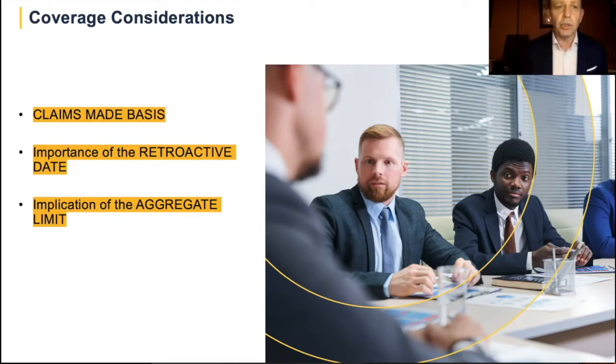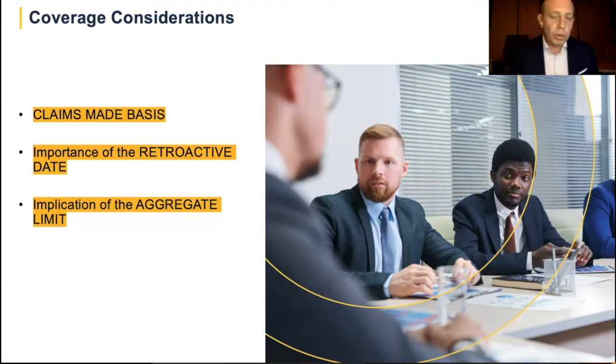If you change insurers, just like with any other liability policy, very important that you keep the same retroactive date that you had on the original policy. It also means that those past directors who may have retired or left the business are still going to enjoy cover for the decisions that they took while they were still sitting on the board.